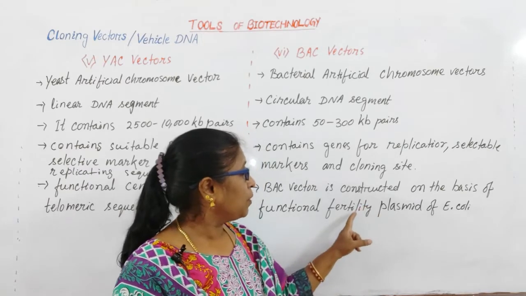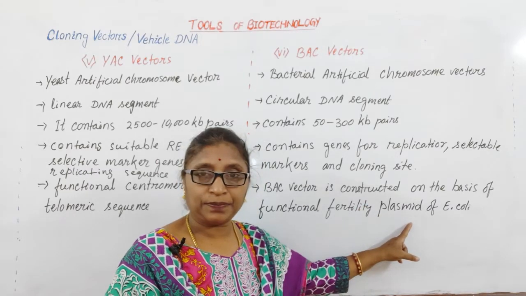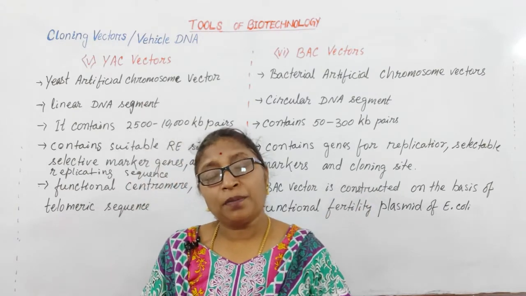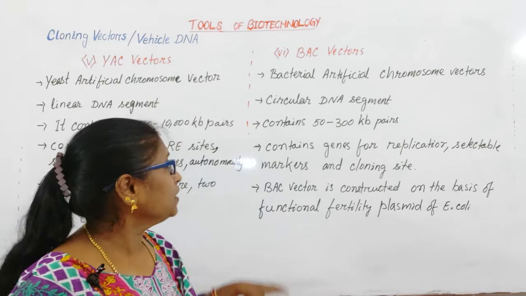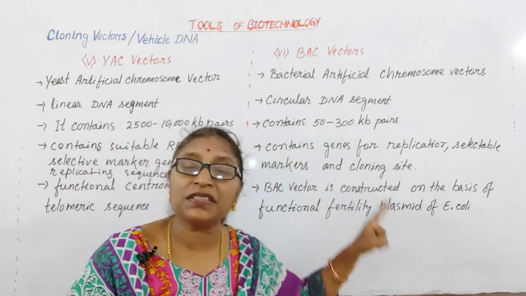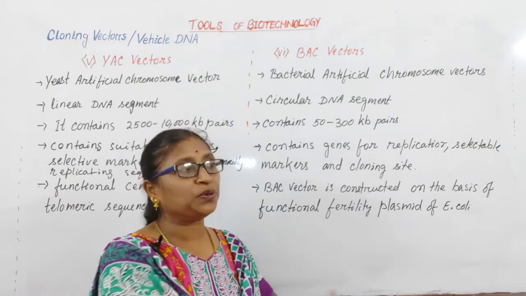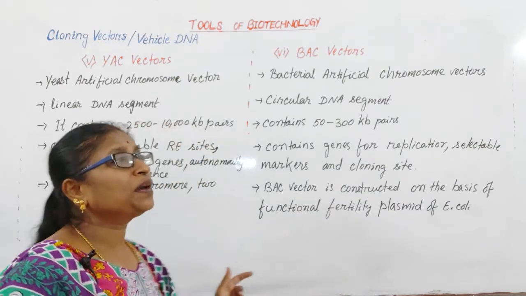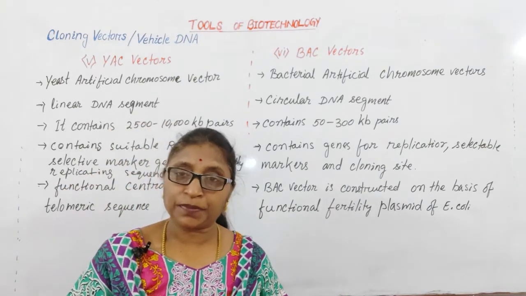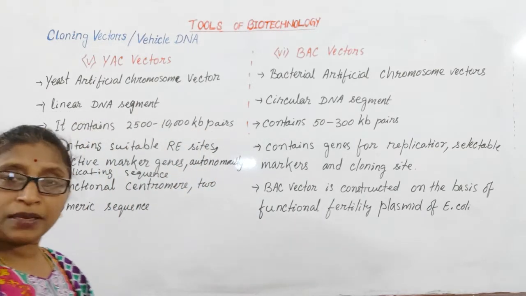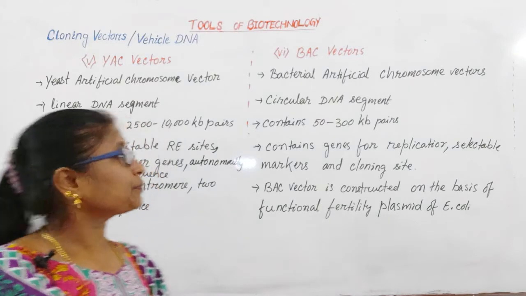This is called fertility plasmid, functional fertility plasmid. On the basis of fertility plasmid, the bacterial artificial chromosomes are designed, and these are mainly used for the human gene sequencing.